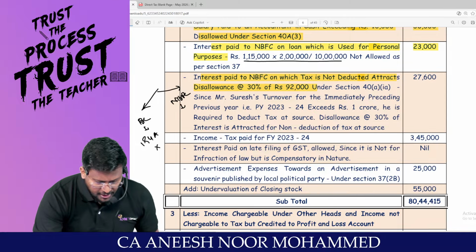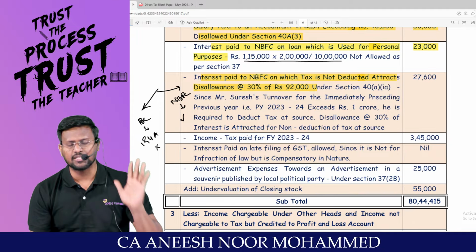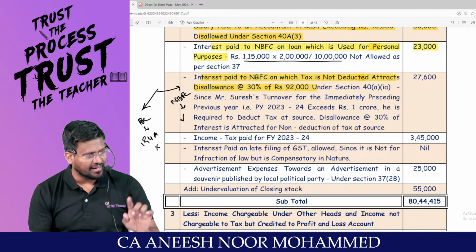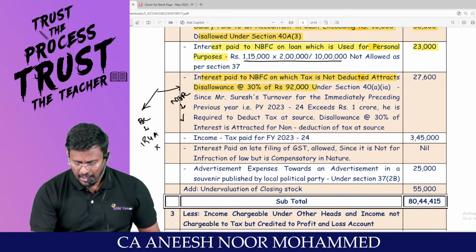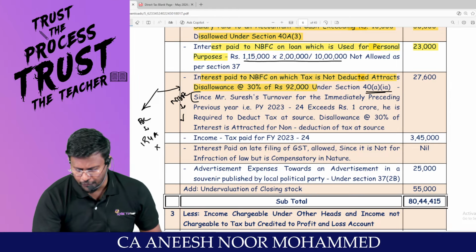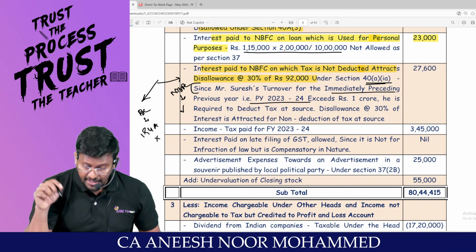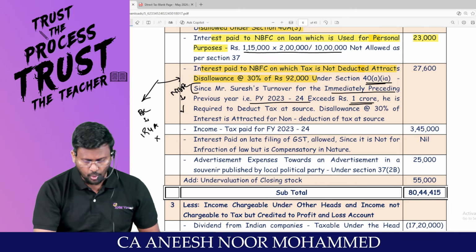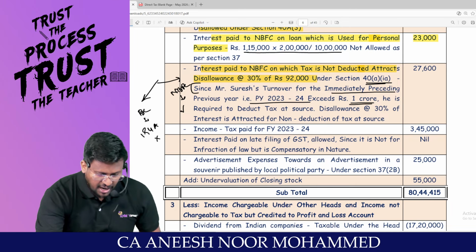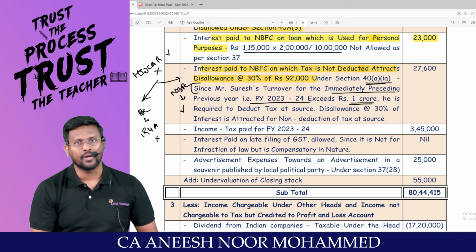Whereas if you are making payment to an NBFC, mandatorily TDS has to be deducted under section 194A. Under section 40A subsection 1A, since Mr. Suresh turnover for the immediately preceding previous year 23-24 exceeds how much crore? 1 crore, he is required to deduct TDS. That means the benefit will not be available.